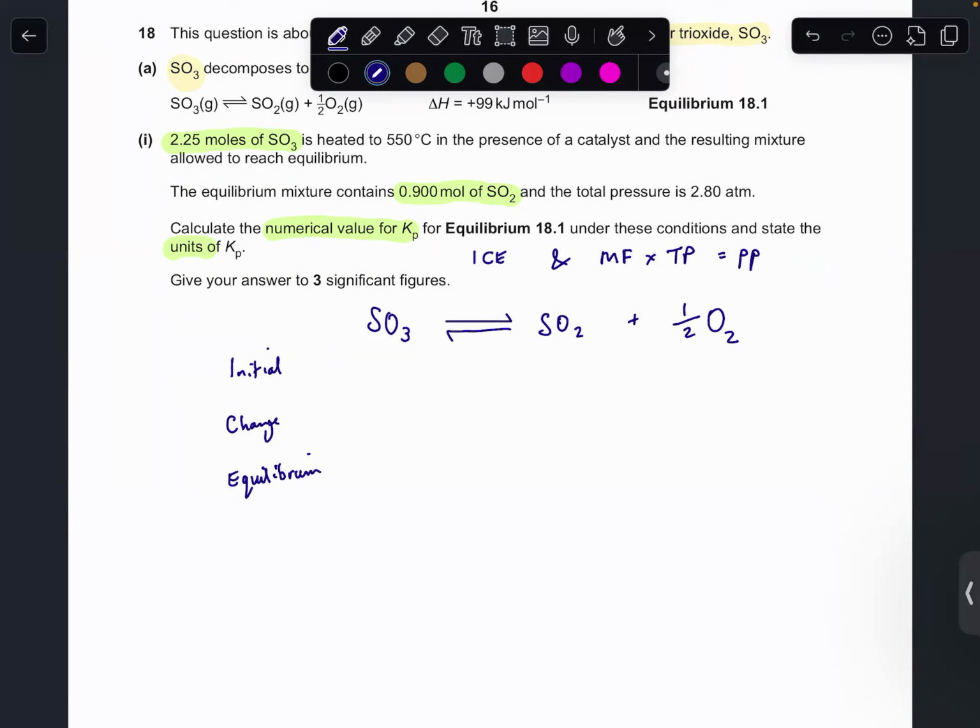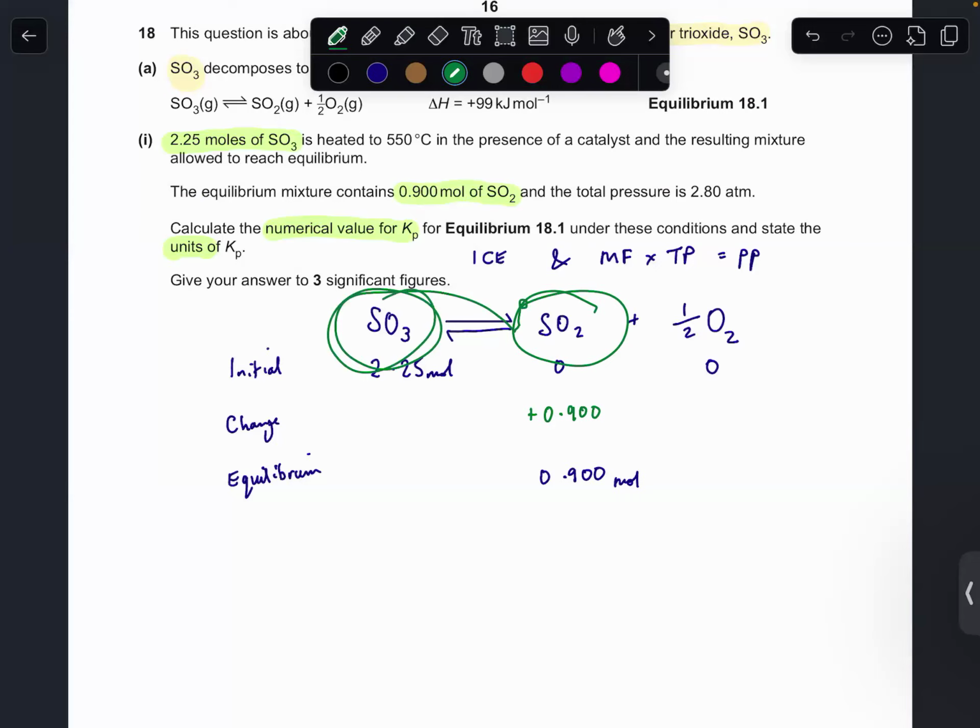Let's work this out. The initial amount is 2.25 moles. We have 0 moles of the products at the beginning. And it tells you that you've got 0.900 moles of sulfur dioxide. Can you see that during this reaction, you're gaining 0.900 moles of SO2 because it forms in a 1-to-1 ratio.